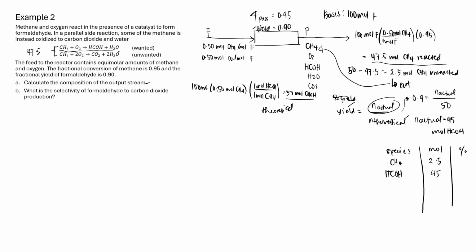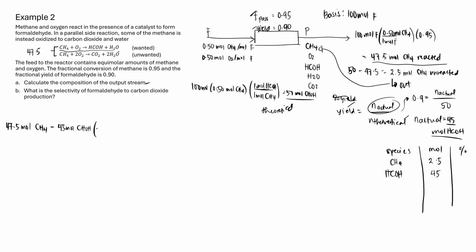So to get how much CH4 is used for the second reaction, let's exploit the fact that I have the number of moles of HCOH here. So 47.5 moles methane minus 45 moles of formaldehyde.